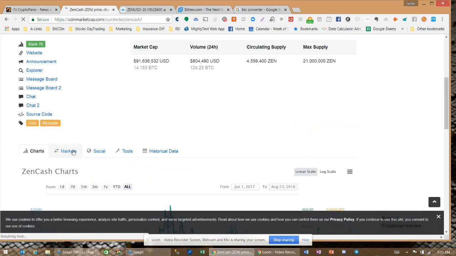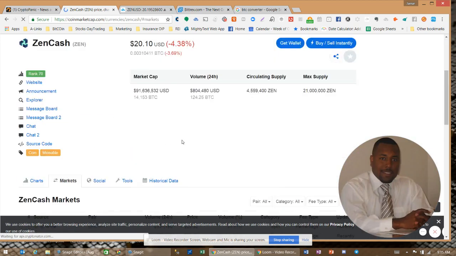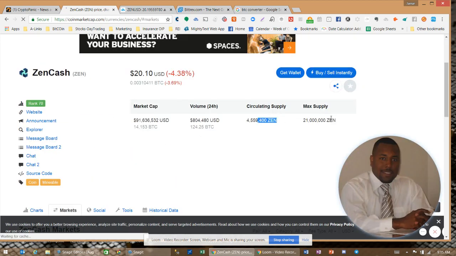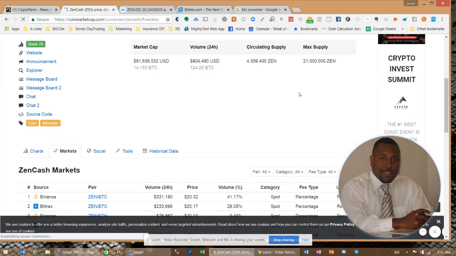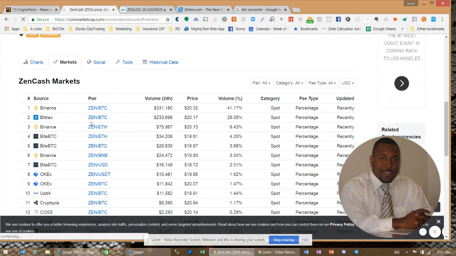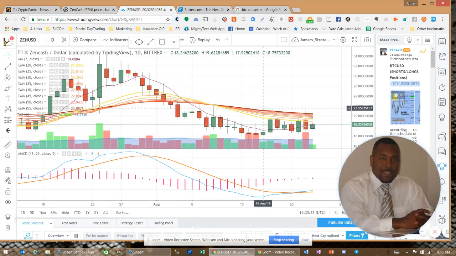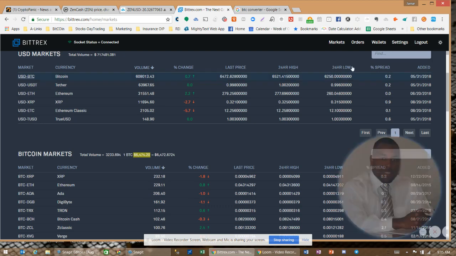You see the circulating supply and the max supply. This means how many are in trading right now, or able to be traded, and then this is the total amount of Zen. It tells you that it's on Bittrex right now, and it tells you the volume and the price. The volume is pretty low for Zen, but it's actually moving. Right now it's at 220 when we first saw it, so I'm gonna hurry up and buy it.